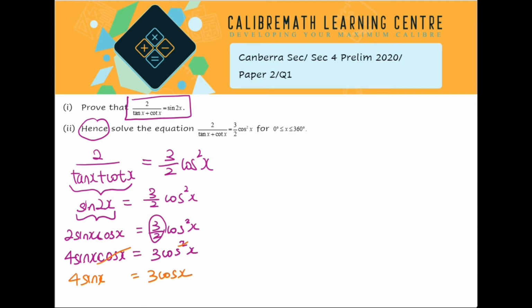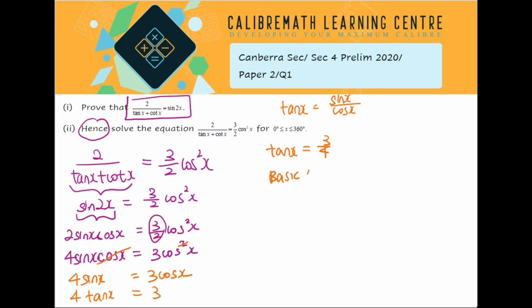And then, because you know that tangent x is equivalent to sine x over cosine x, you can divide by cosine x throughout this entire equation, and you will get 4 tangent x equals 3. And then you can get tangent x equals 3/4.